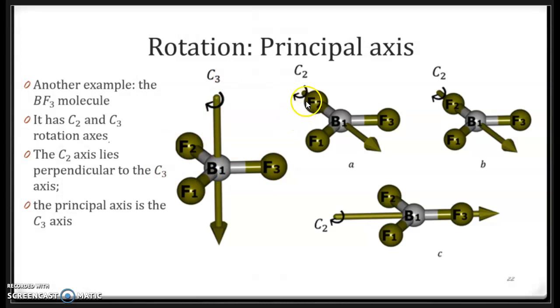In addition, it has a C2 axis here. It has another C2 axis here, so that's supposed to be along B-F3. Oh, sorry, so B-F1. So this is the one for B-F3. So it has 3 C2 axes other than the C3 axis. So the C3 axis is the principal axis.